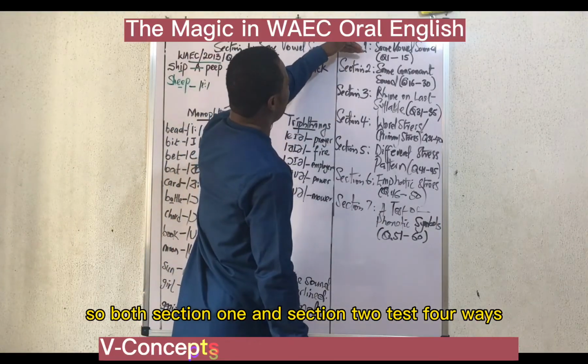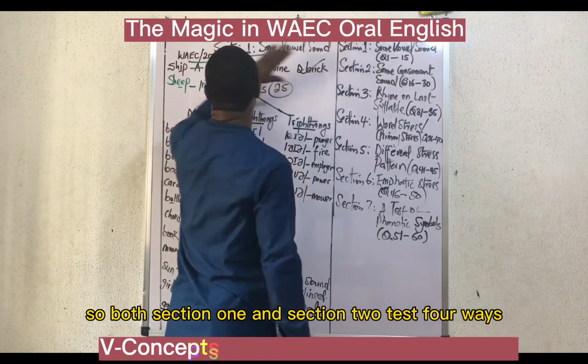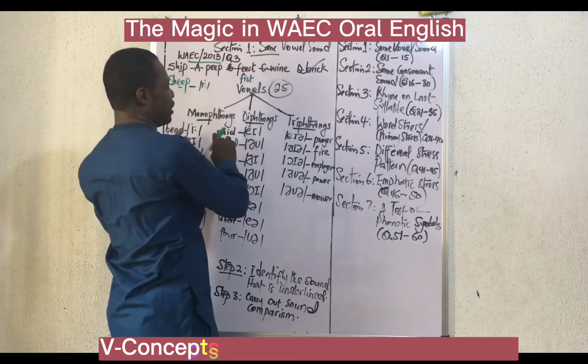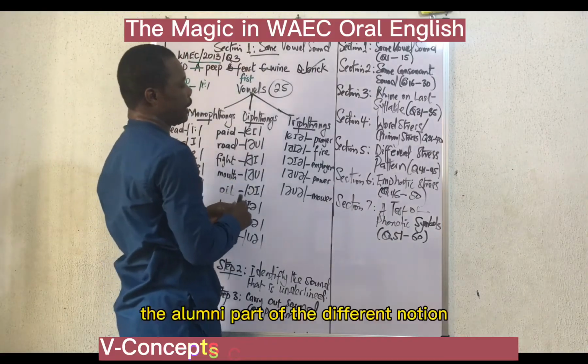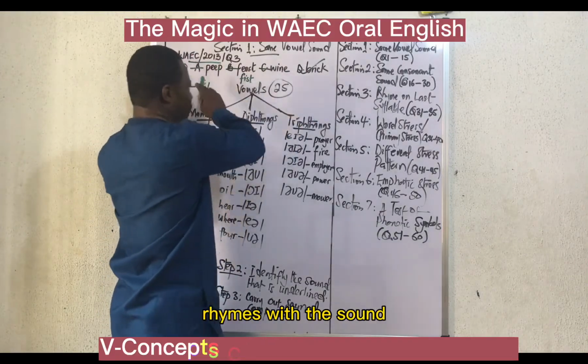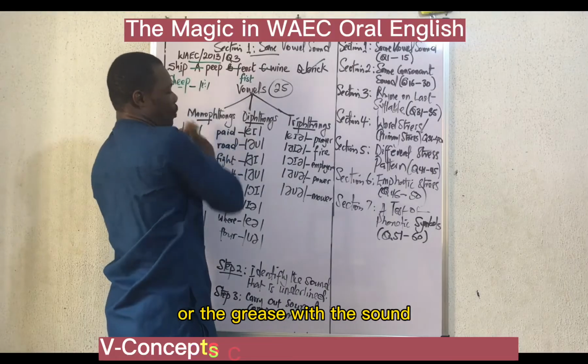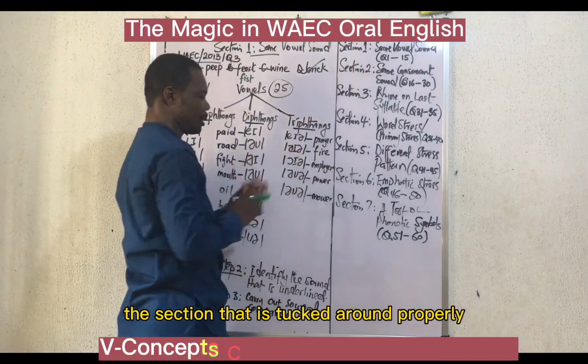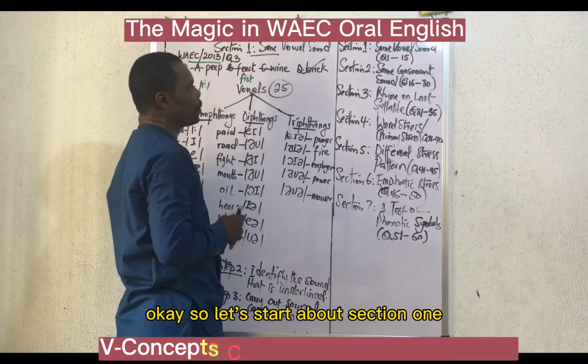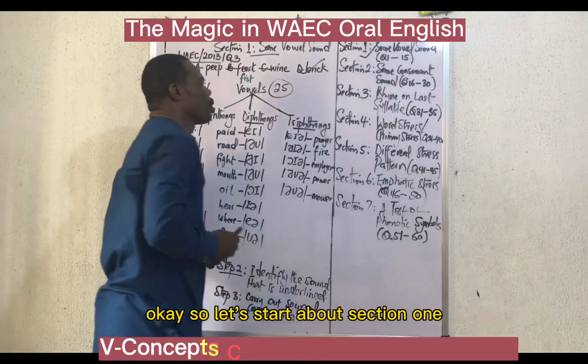So both section 1 and section 2 test full words by underlining what? A part of those words. And then you are being asked to identify an option that rhymes with this sound or that agrees with the sound. Let's use that word agree, because we are going to come across a section that is tagged rhyme proper. Okay, so that's that about section 1.